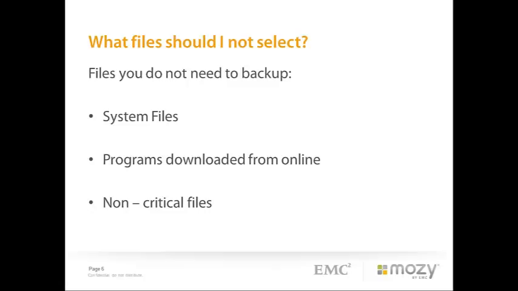These types of files defeat the purpose of using up your storage space to back them up, because you could go to the drawer next to your desk, get that physical disk and install that software again, or you could just go to Google, type in iTunes, and download the software from there. It's faster for you to download it from there. It's not using up space, or you backing it up, when you can just access it quickly and easily from online. And then non-critical files.